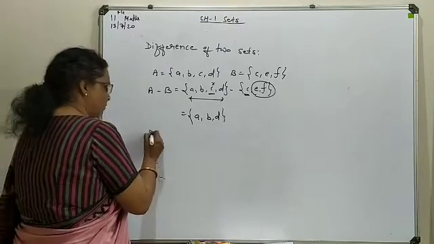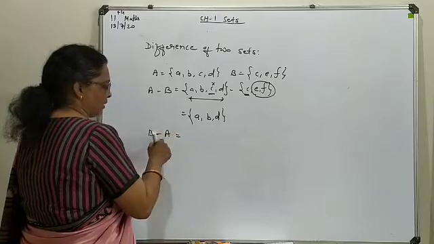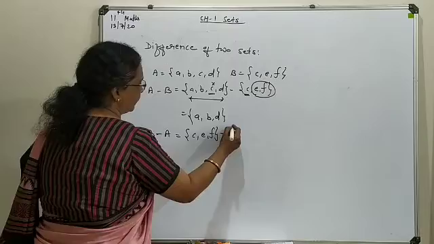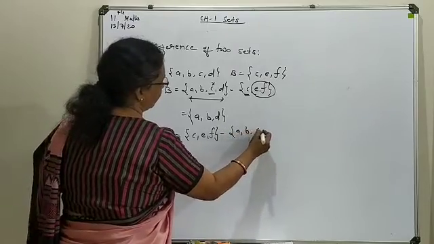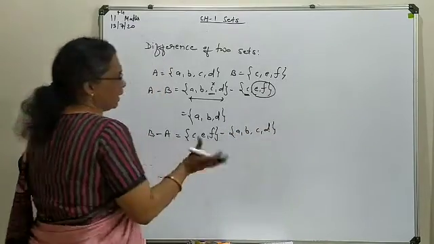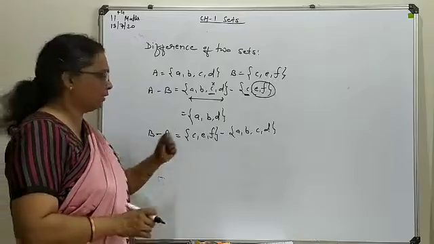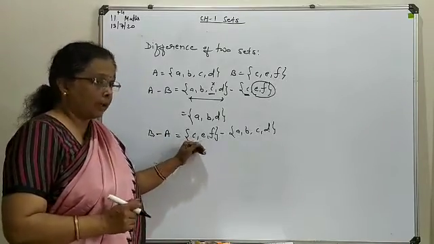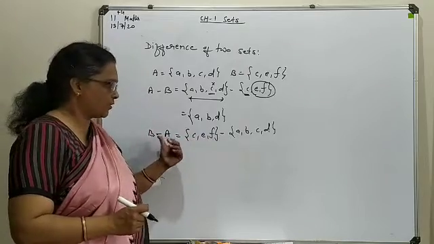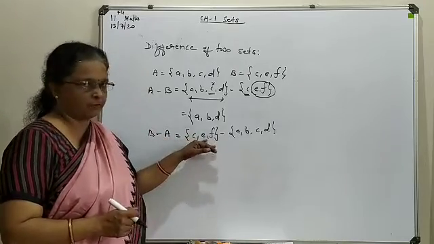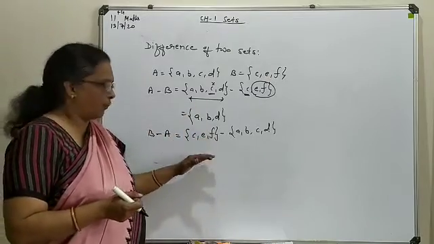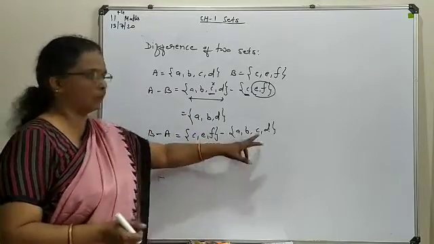Next is B minus A. So write down {C, E, F} minus {A, B, C, D}. Again the method remains the same, only the selection of elements changes as per the position of the set. Whichever set comes at the first position, only that one we copy after cutting the common elements.